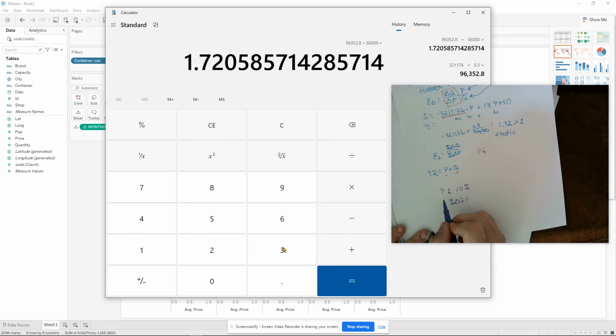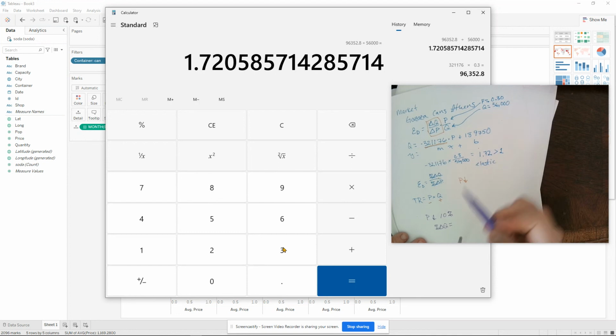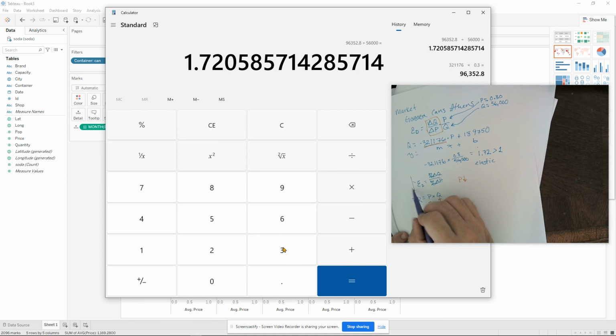So in other words, if I'm at this price point and I drop my price 10%, what's the percentage change in quantity? That's actually fairly straightforward. You can see it right from this equation.